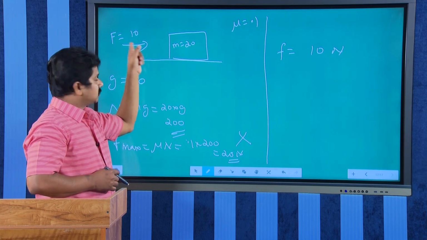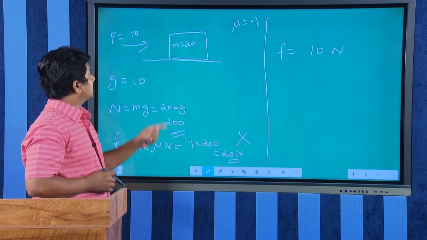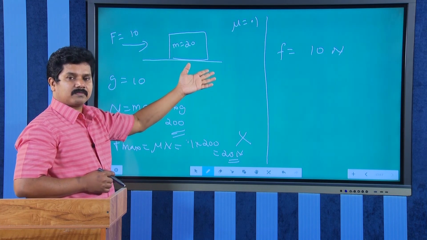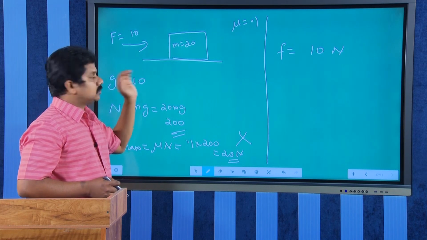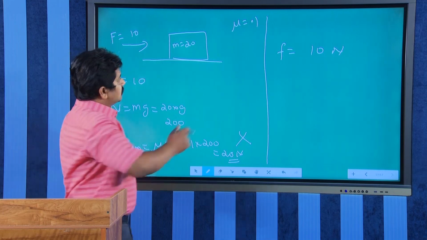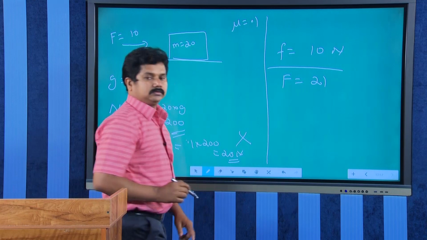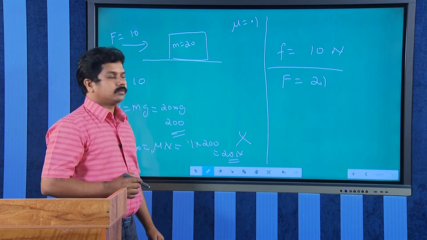Applied force is 10, frictional force again 10, no motion. Applied force is 19, static friction is 19, it will not move. So, up to 20 Newton the block will not move, but once the applied force becomes 21, what will happen now?